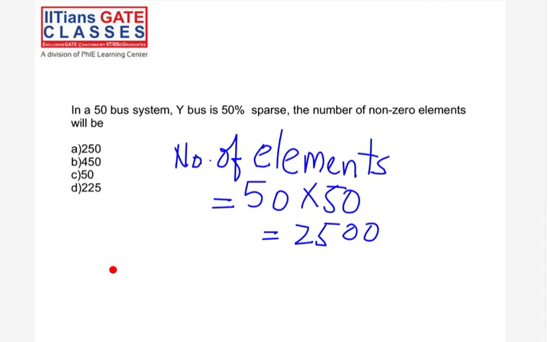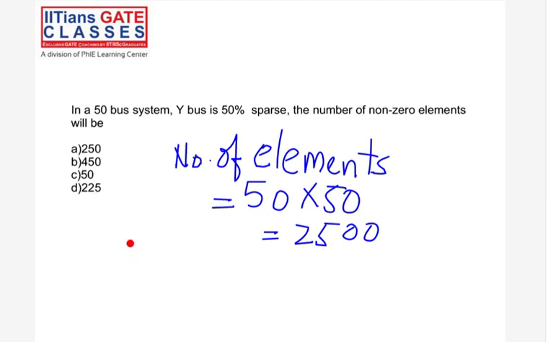50% of it is sparse, right? Oops, okay, my bad. Actually, none of these options would work because the question was 80%.